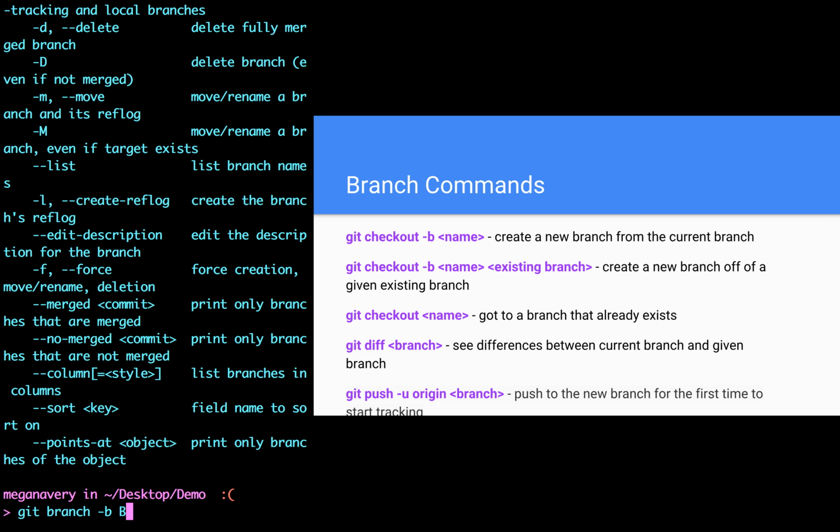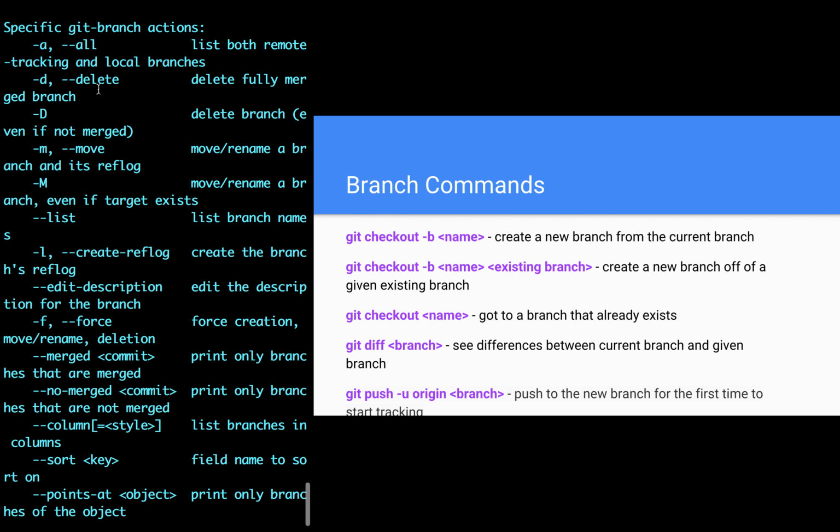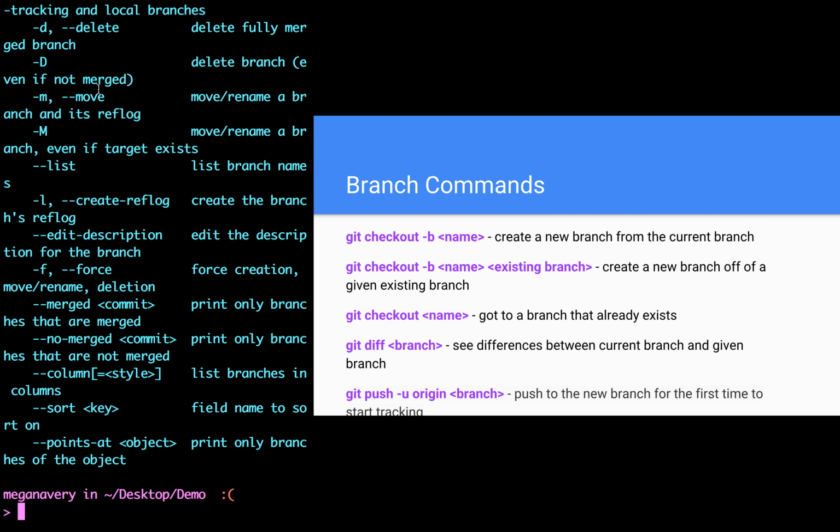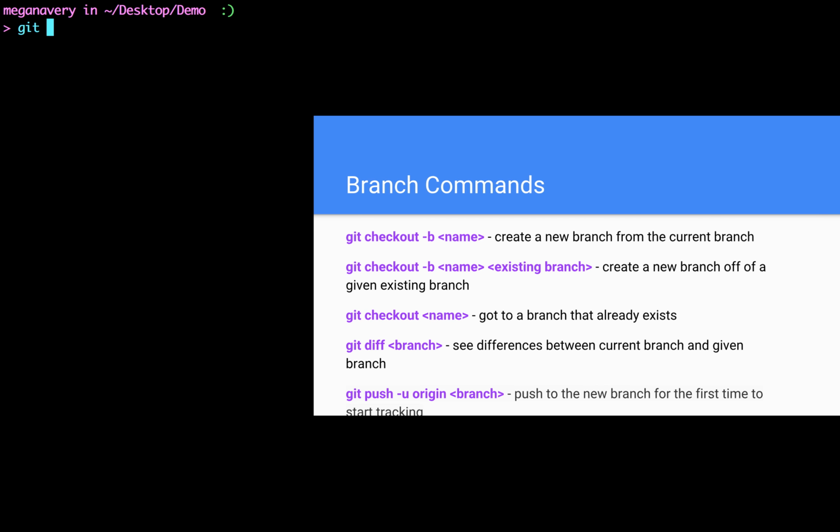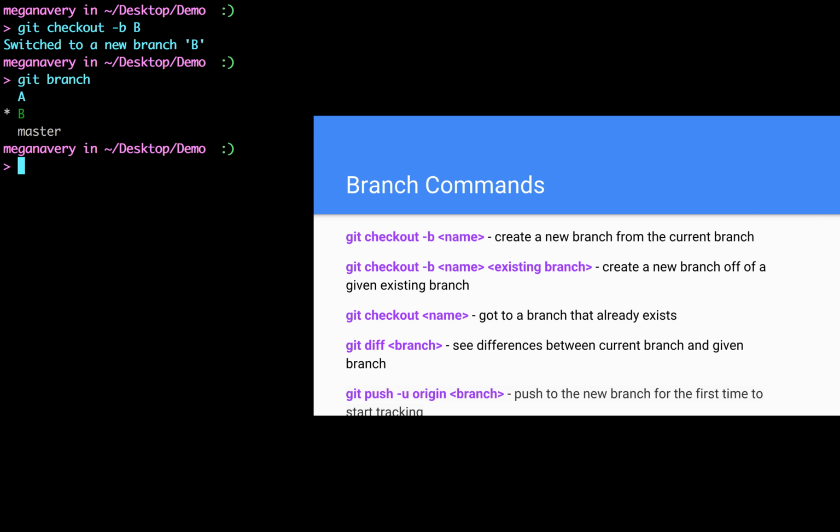Maybe I can't name it B. Git checkout -b b. So now if I do git branch, I just ran the wrong command. So now if I do git branch, it shows I'm on branch B. And because I was in branch A, when I did git checkout -b b, B is branched off of A, not master.